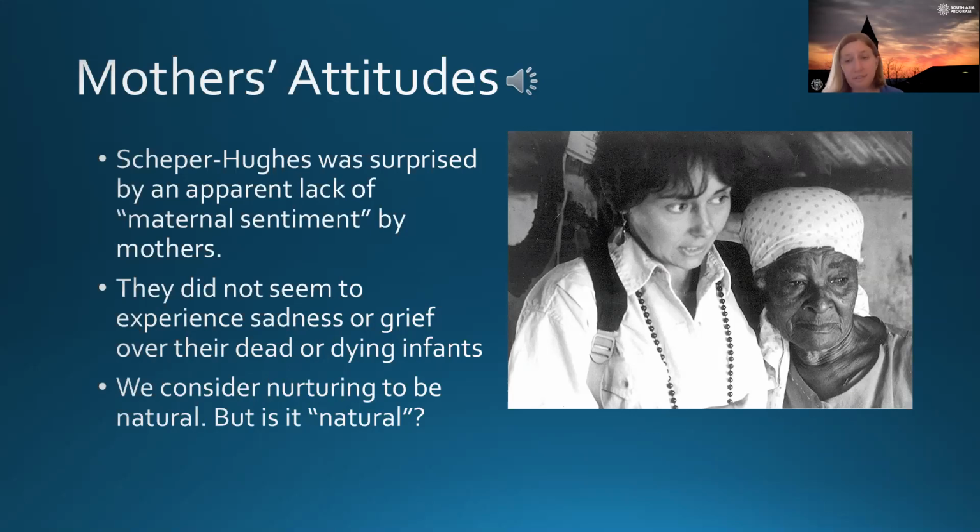So Nancy Scheper-Hughes argues that these mothers seem to lack maternal sentiment. They don't seem to care or nurture for these babies. And the reason that is the case, she argues, is that there's a suspension of the ethical.